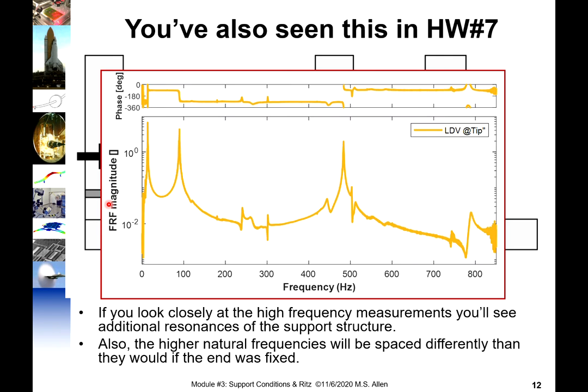And if you look closely at the measurements, at low frequency things looked pretty good, but if you got to high enough frequency, so this would be first mode, second mode, a missing third mode, fourth mode, you see that there are extra resonances that start to show up. And those extra resonances are modes of the support structure that can show up and contaminate things.